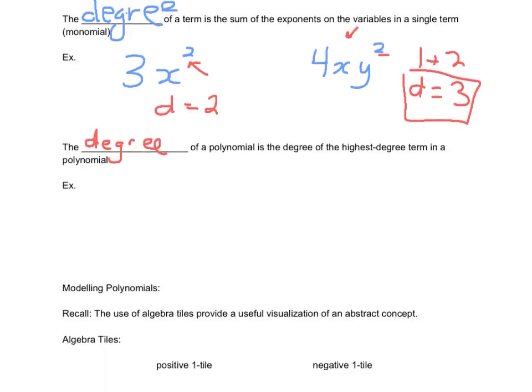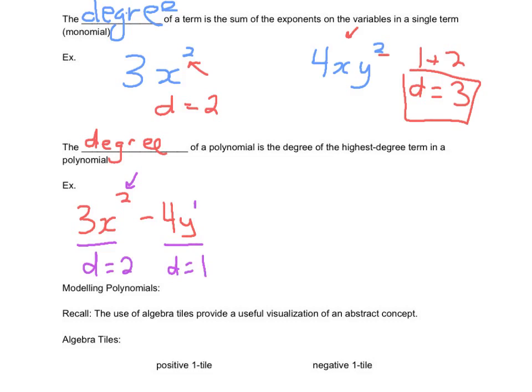What I mean by that is if we had a polynomial, 3x squared minus 4y, we would need to determine the degree of each of the two terms. The degree of this first one, we get from the 2 there, so degree is 2. Here, there's a little unwritten 1, so that means the degree is 1.